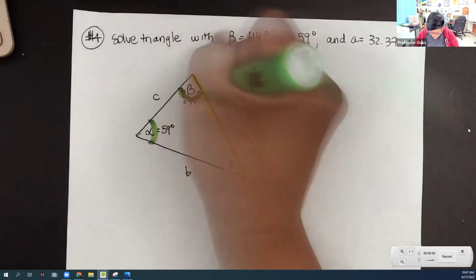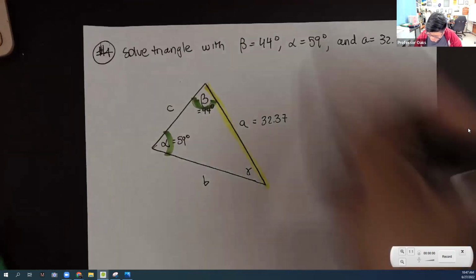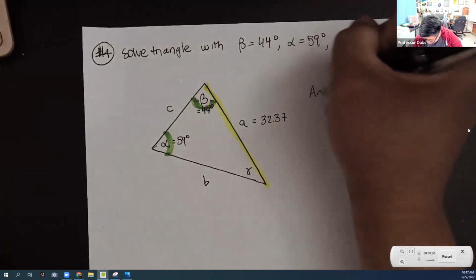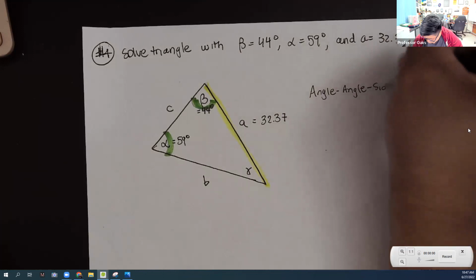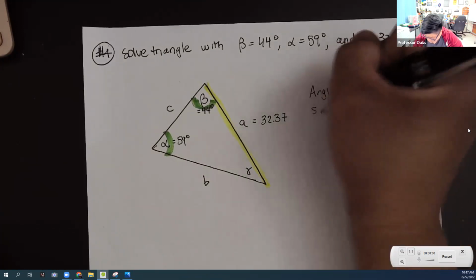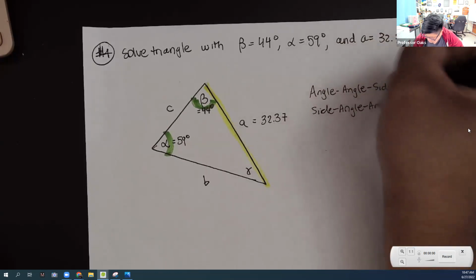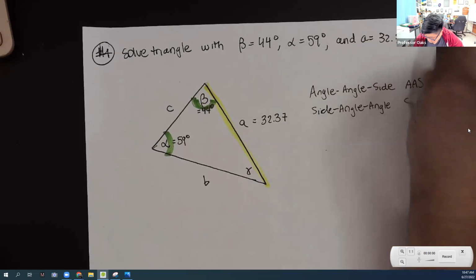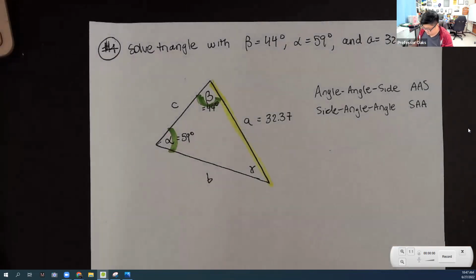So this is the angle angle side, or AAS, or you could say it's side angle angle. It doesn't really matter. Some people call it SAA. It doesn't matter to me which order you write these in.